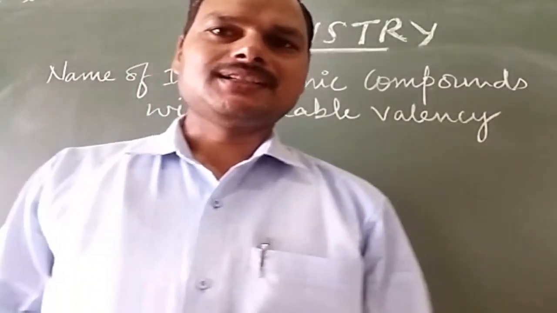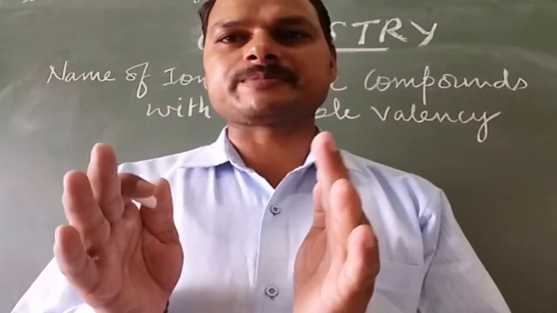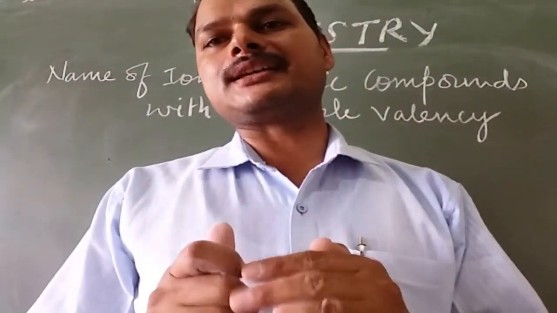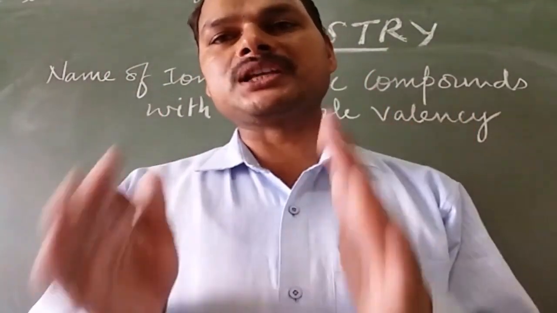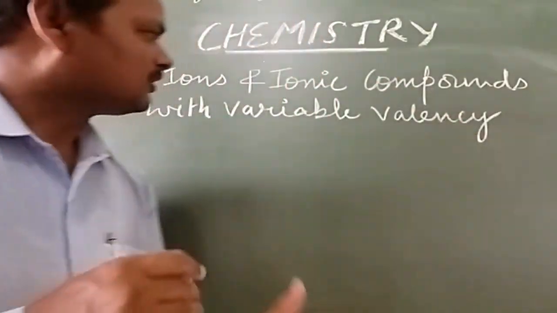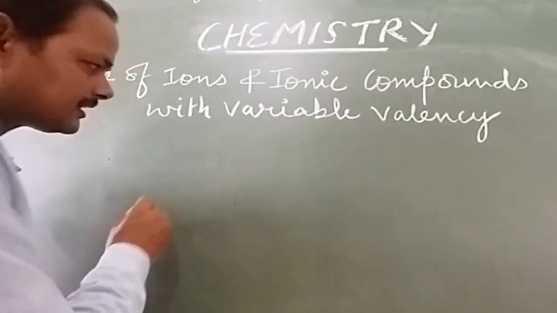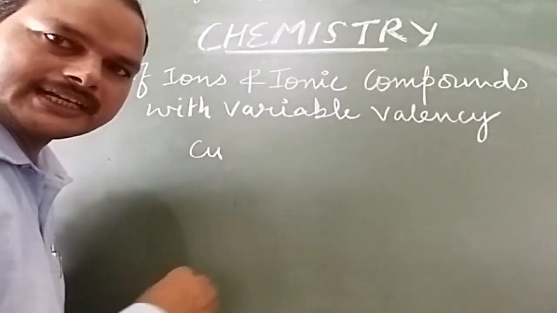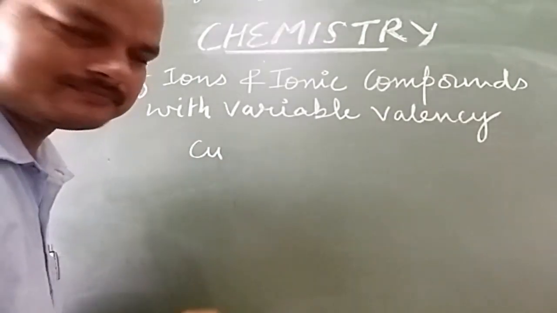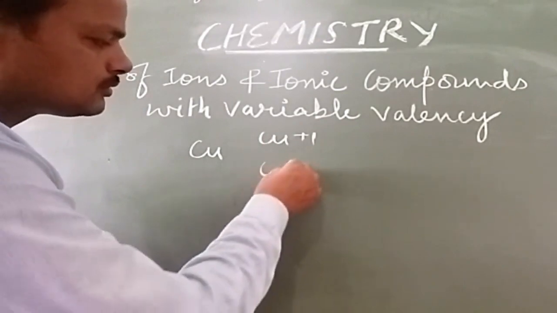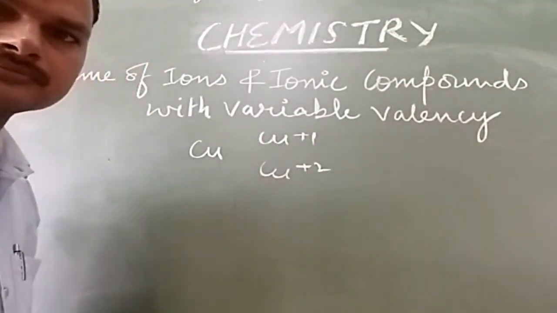Dear students, in this video I am going to explain how to write the names of ions and ionic compounds with variable valency. For example, if we take an element like copper, it can show two valencies, Cu plus 1 and Cu plus 2.